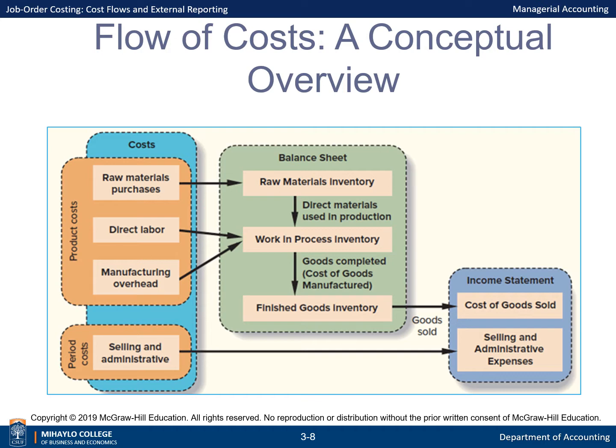When goods are completed, their costs are transferred from work in process to finished goods as cost of goods manufactured. As goods are sold, their costs are transferred from finished goods inventory to cost of goods sold. Selling and administrative expenses are recorded directly on the income statement in the period incurred.